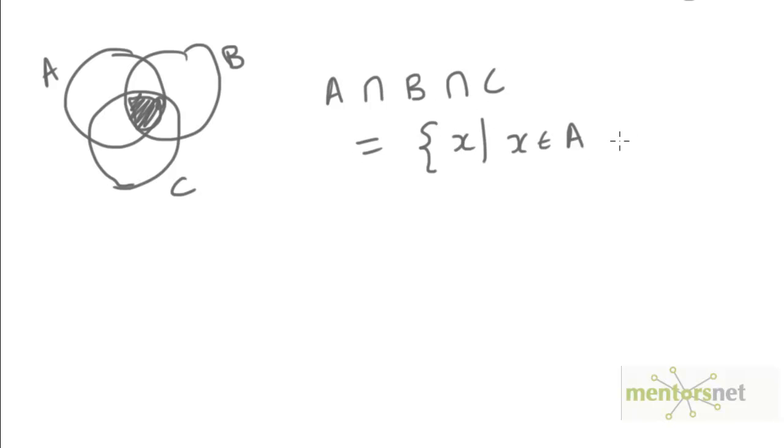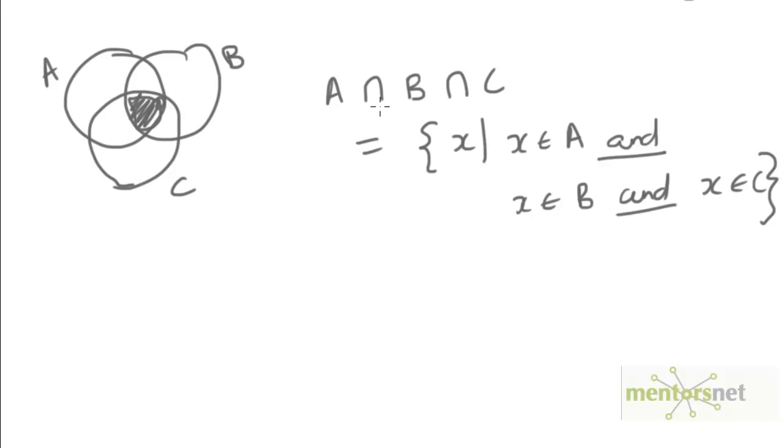So if we enlarge it a bit, we can say that A intersected with B intersected with C is the set of all elements X such that X belongs to A and X belongs to B and X belongs to C.